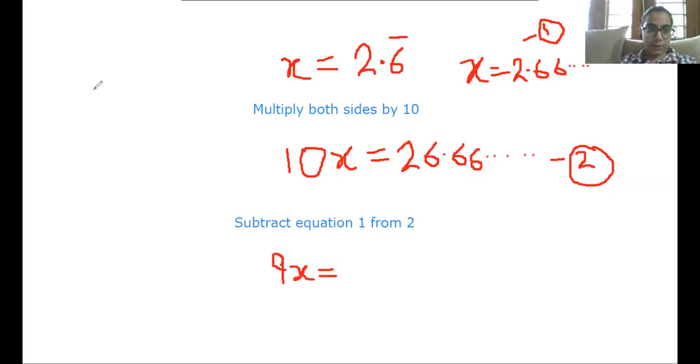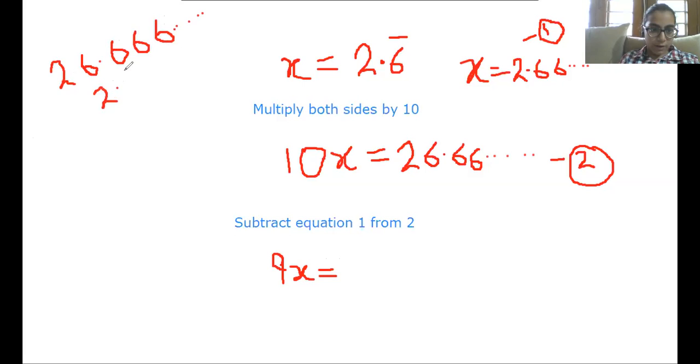Now I'll just write it on this side. See, 26.666 till infinity and 2.666 to infinity.